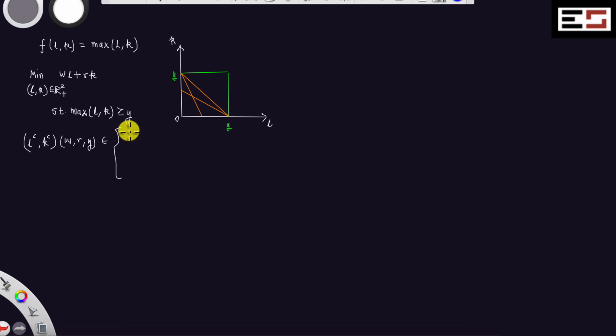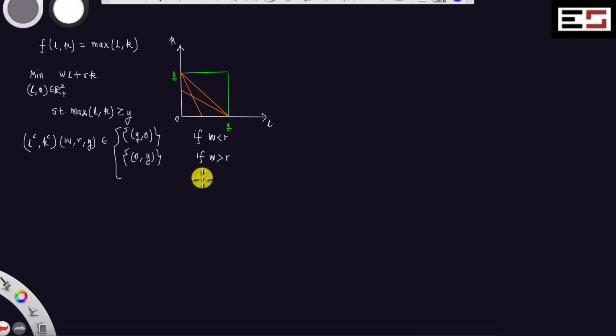So if W is less than R, then you will employ y units of labor and 0 units of capital. And if W is greater than R, then you will employ 0 units of labor and y units of capital.